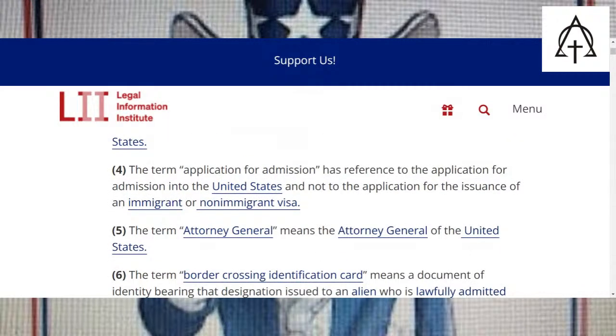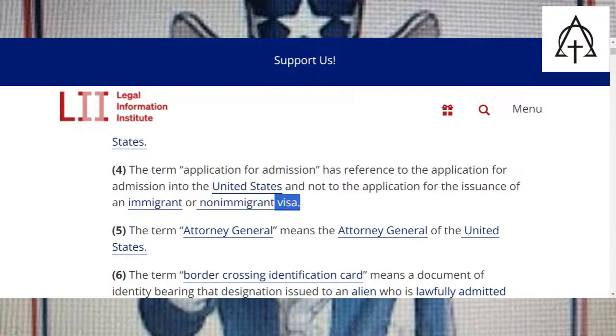The term application for admission has reference to the application for admission into the United States and not to the application for the issuance of an immigrant or non-immigrant visa. So if you want to, this is the passport issue. If you think you need a passport to enter into France, the notation here is you're not entering into France, or it's an application to enter into France as a corporate entity, as opposed to an immigrant or non-immigrant visa.